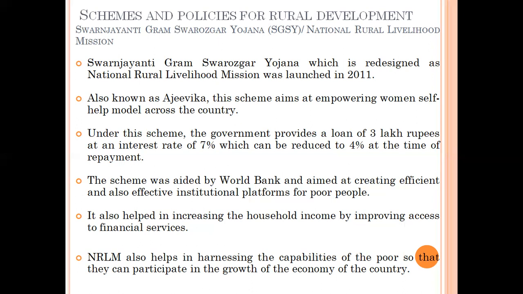So this scheme helps the poor by providing skill training also, it replaces Ajeevika. The government of India has provision of 500 crores for this scheme. And the objective of the scheme is to train 0.5 million in urban areas per annum from 2016. And in rural areas, the objective is to train 1 million people by 2017.